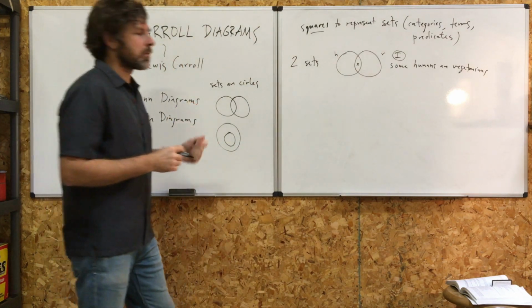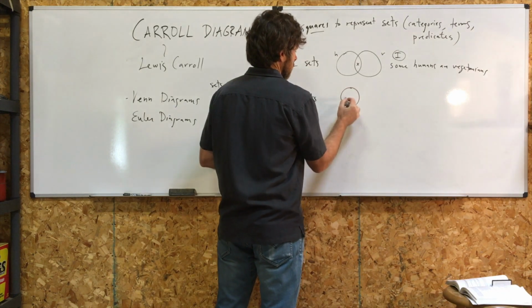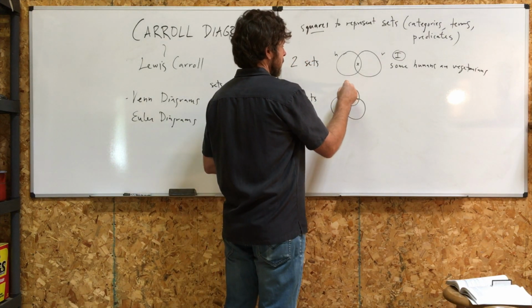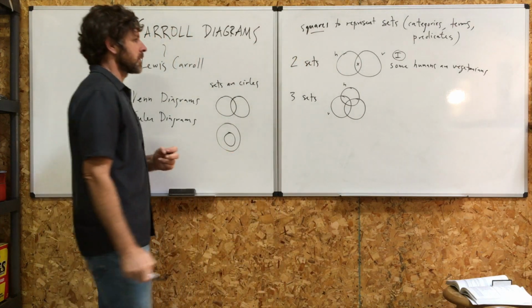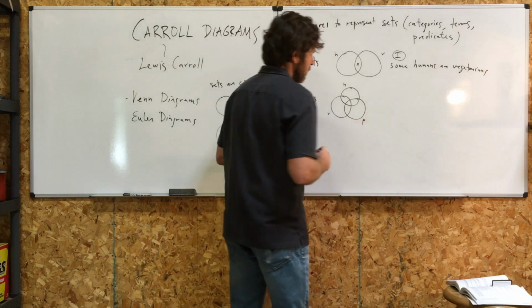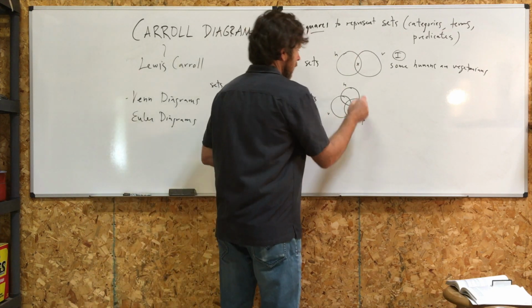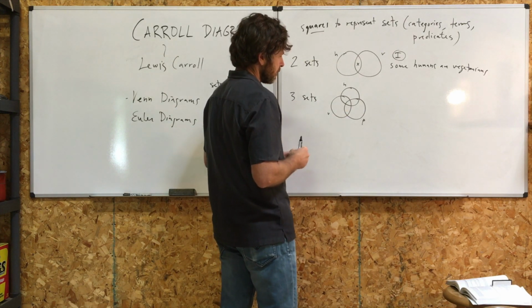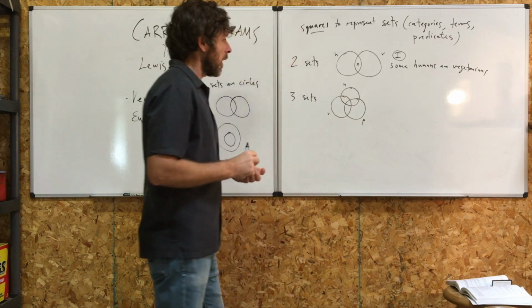Venn diagrams also work quite well when you're talking about three sets. So you could diagram it this way. You could talk about humans, vegetarians, and then, let's say, P could be primates. Okay? And then you could talk about all the differing kinds of relationships between these sets. And this way of diagramming the circles works well.